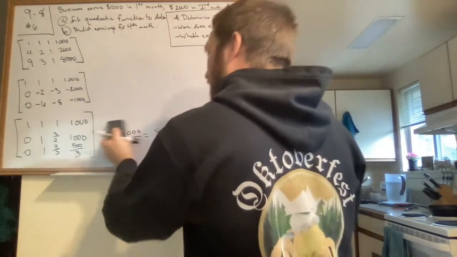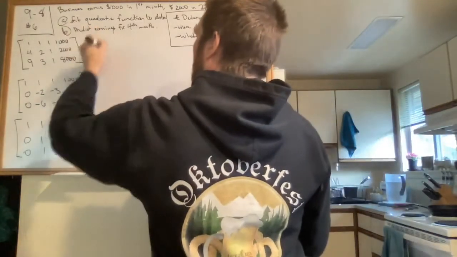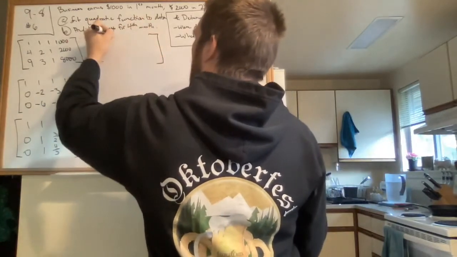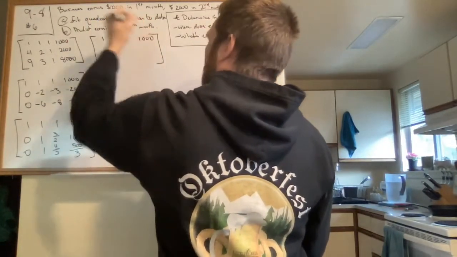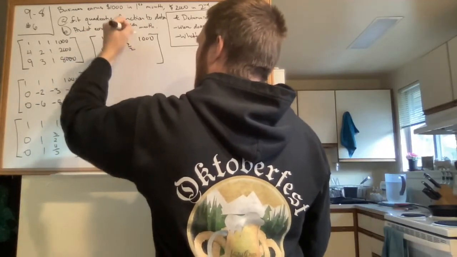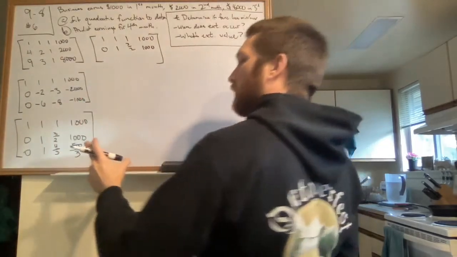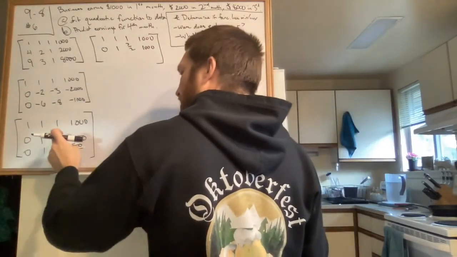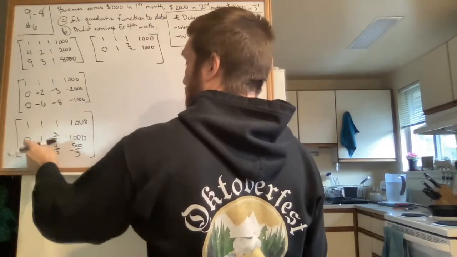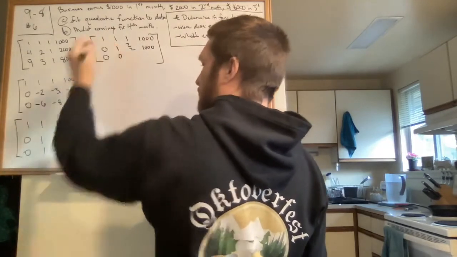Okay, now let's see. I'm going to use this one to kill that one. And I'm not touching the top row yet. 1, 1, 1, 1,000. This row is not going anywhere. 1, 3/2, and 1,000. Now I'm just going to subtract. That would be the easiest way. I'm going to take this -1 gives me 0.